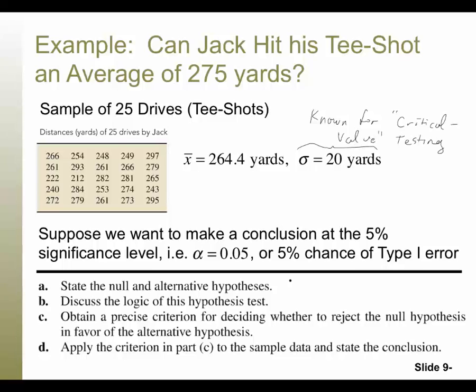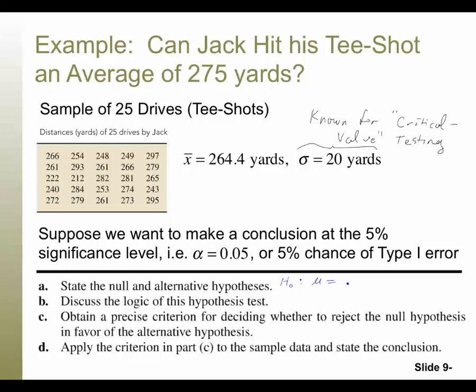So our null hypothesis, let's see. Shelley, can you tell me what the null hypothesis is? Okay, so the null hypothesis is that his actual mean driving distance is how far? 264.4?